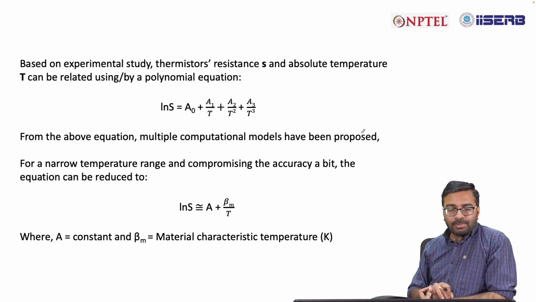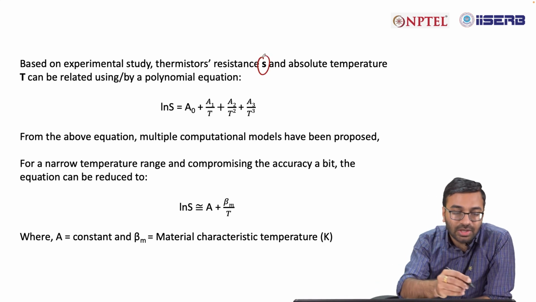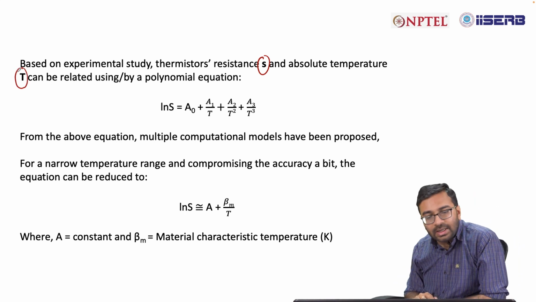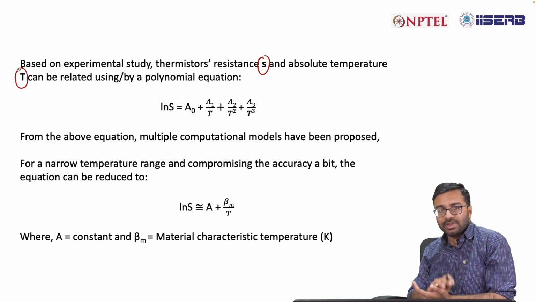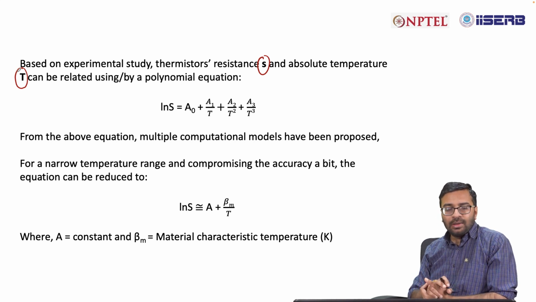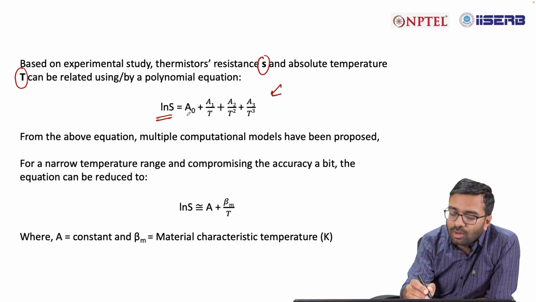Now, based on experimental study, a thermistor's resistance S and absolute temperature T can be related by a polynomial equation. Usually when someone models the temperature sensing response, they take a polynomial equation, which is given here.